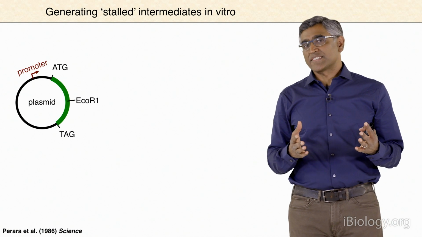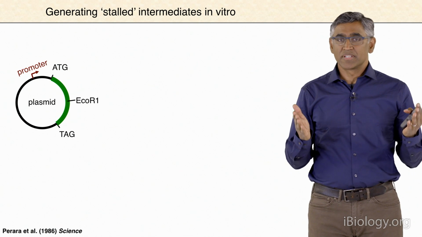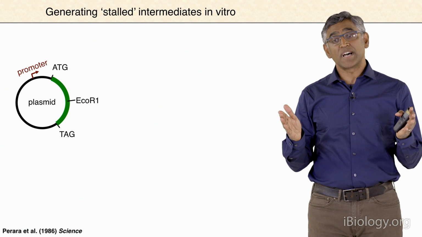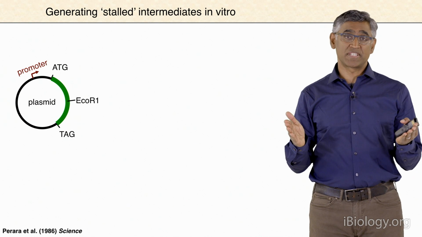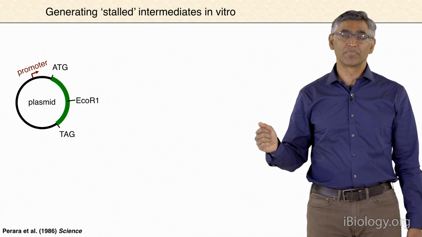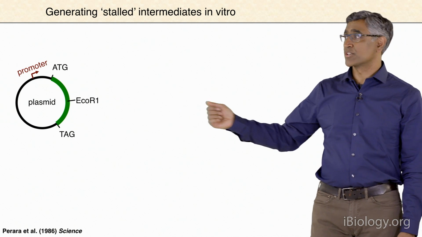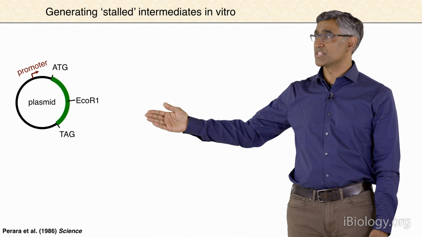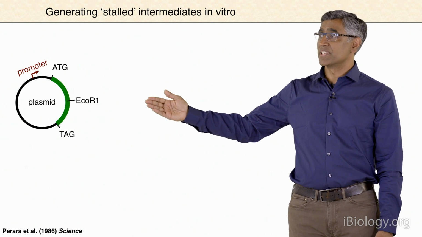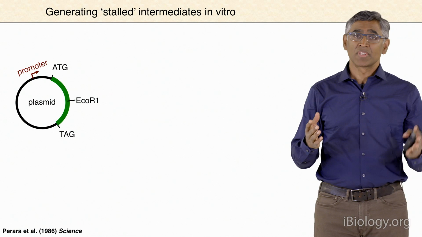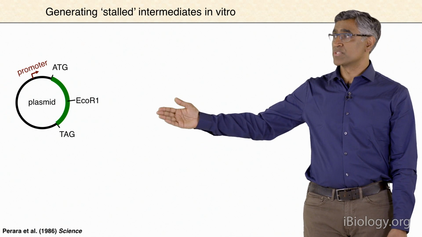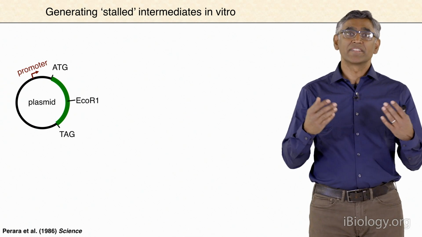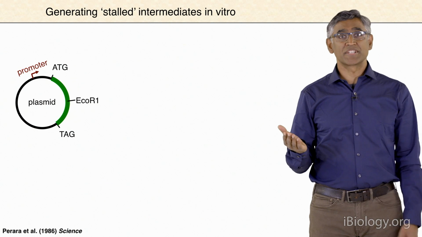So an important advance here came when it was discovered that it was possible to stop translation precisely at specific points during synthesis of a protein. And so this again took advantage of recombinant DNA technology. So suppose you have a plasmid that has a promoter and encodes a secretory protein of interest, and of course that's going to have certain restriction sites within it.